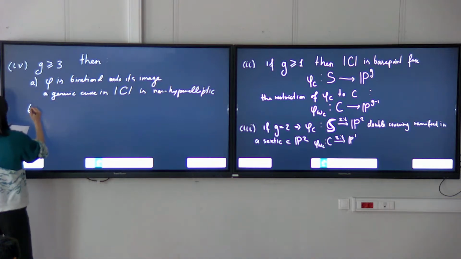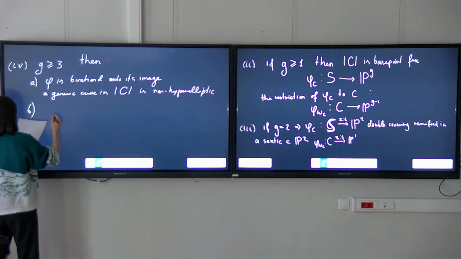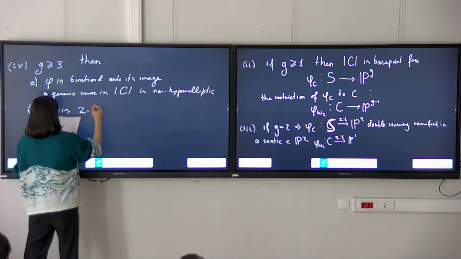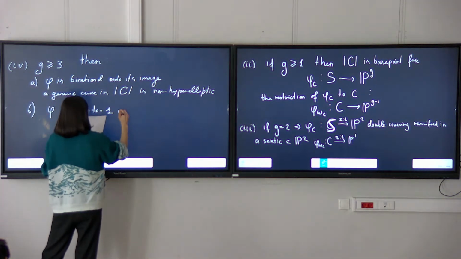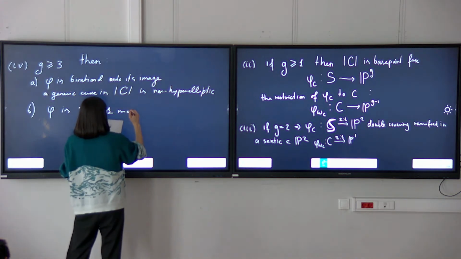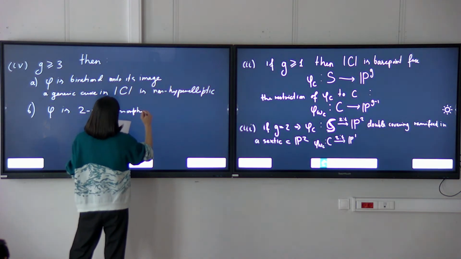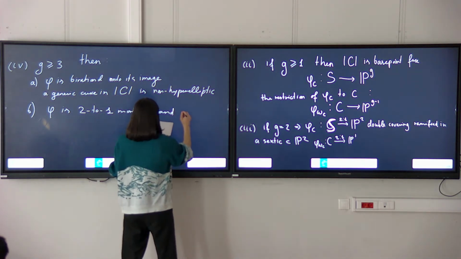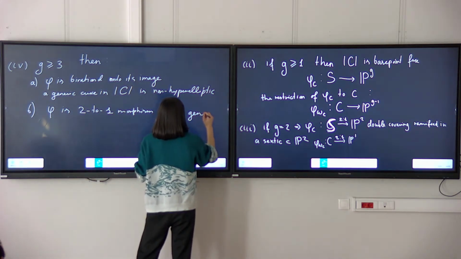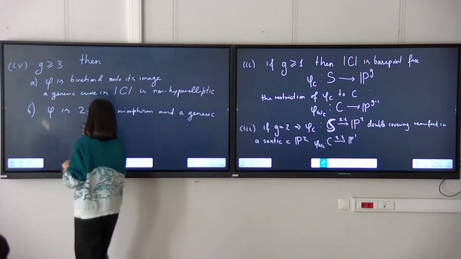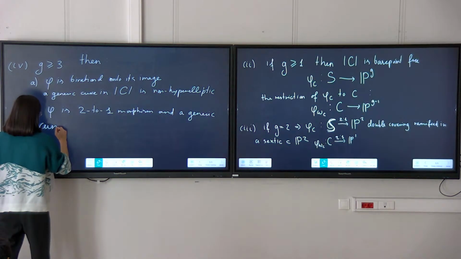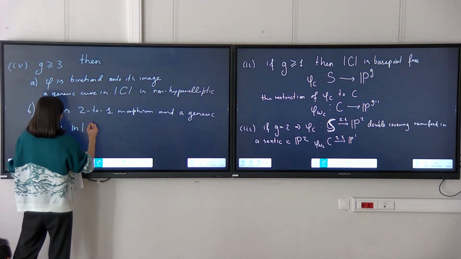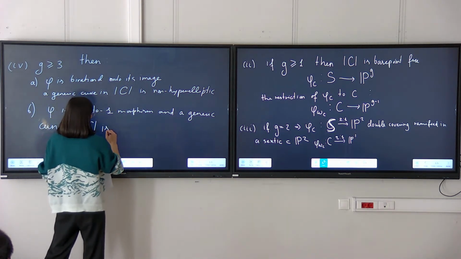And the second case is when phi is a 2 to 1 morphism, and a generic curve in this linear system is hyperelliptic.